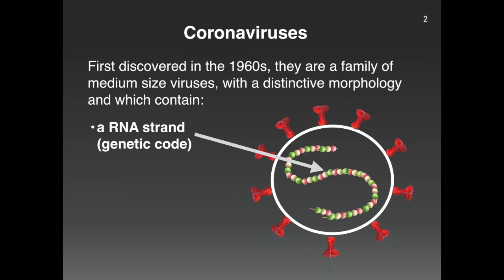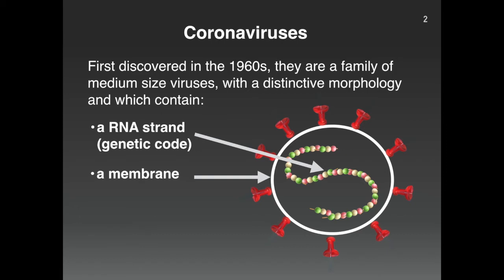So this is the RNA molecule. Next, you have a membrane which envelopes this RNA. This is the white circle that you see around it, and this is basically a layer which envelopes the RNA strand to protect it. Okay, it acts as a protective layer.